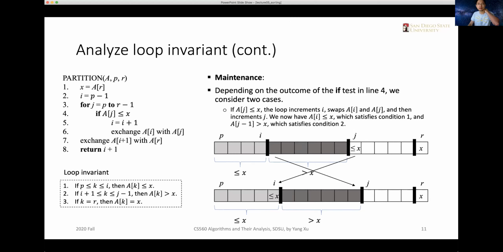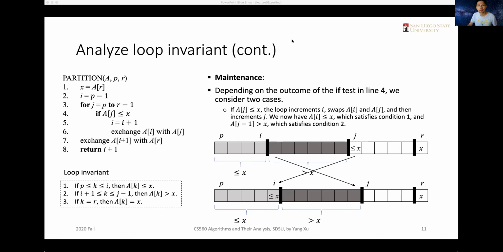The element that is smaller than the pivot is moved ahead to the beginning of the array, and the element that's already in the dark shadowed area is just moved to the end of the dark shadow area. So nothing in here will be changed, but there's one more new element moved to the front. So condition 2 also remains satisfied. That is how the loop invariant is maintained after each iteration of the for loop.